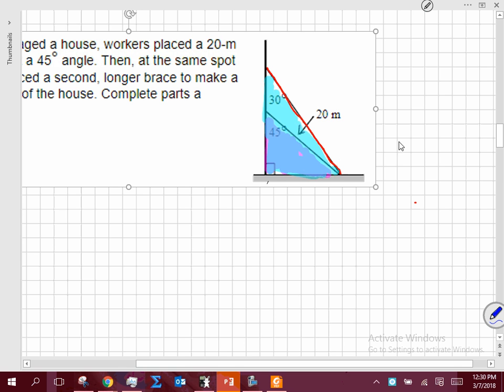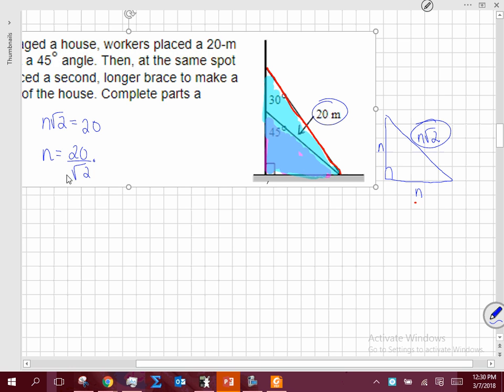So don't you know in a 45, 45, 90 that this side here is n, and that side is n, and this is n radical 2, right? So that 20 and my n radical 2 should match up and give me my equation. So I'm going to say n radical 2 is equal to 20. I'm going to divide by radical 2.